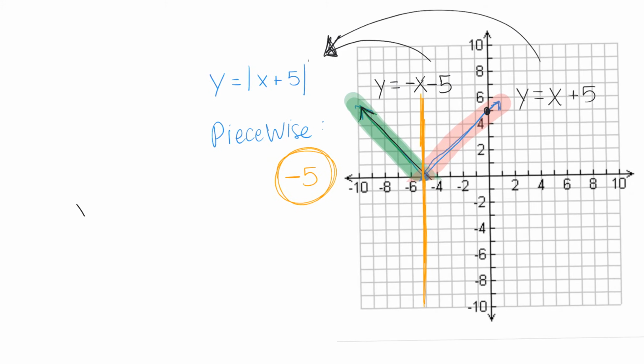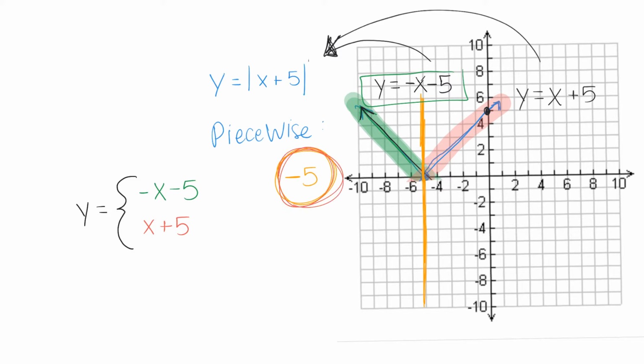We're going to say that y equals, and then we're going to write this fancy brace. And we're going to take our green side, which is negative x minus 5. And it also equals our red side, which is x plus 5. It's two parts. Y actually equals two different things. And then we're going to use this negative 5 to show when that happens.